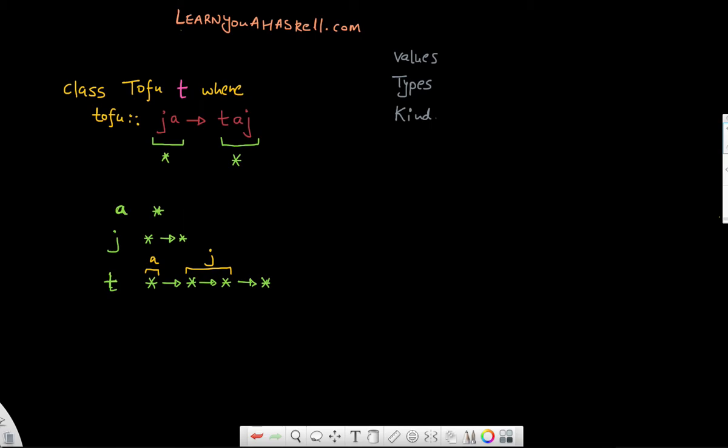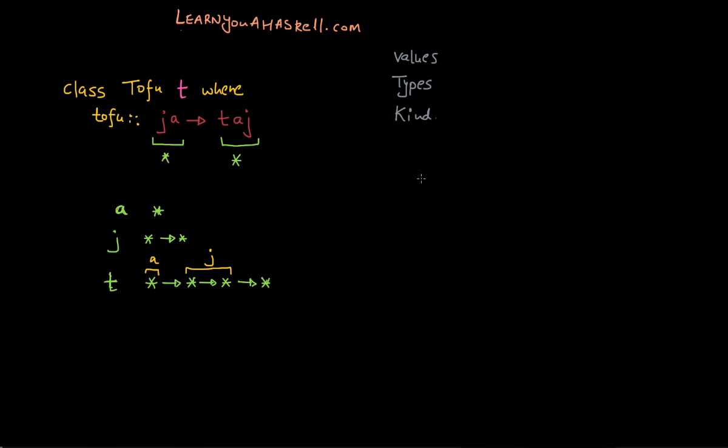Let me make it a little clearer. If I would like to make something an instance of my Tofu, I start with instance Tofu. And now the question is, what is the type that you want to make an instance of Tofu? What gets placed in the position of t needs to have the same kind as t. t has a kind going from star to star to star, giving you back a star.